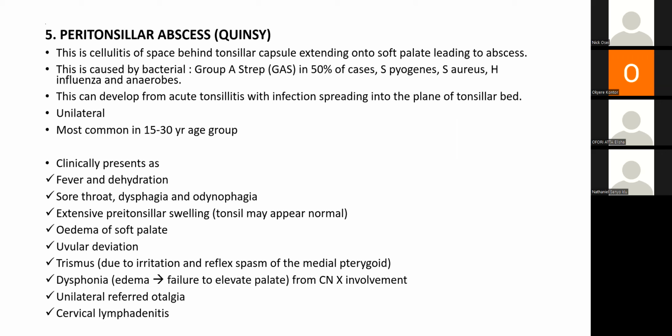So the peritonsillar abscess is simply cellulitis of the space just behind the tonsillar capsule, extending onto the soft palate, leading to an abscess.